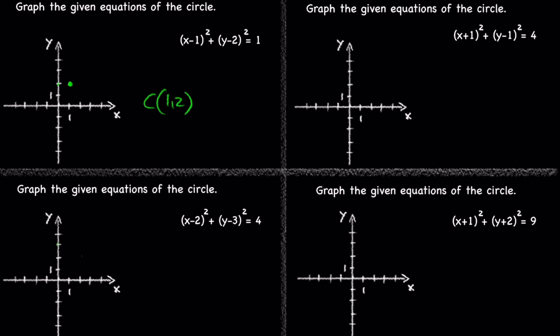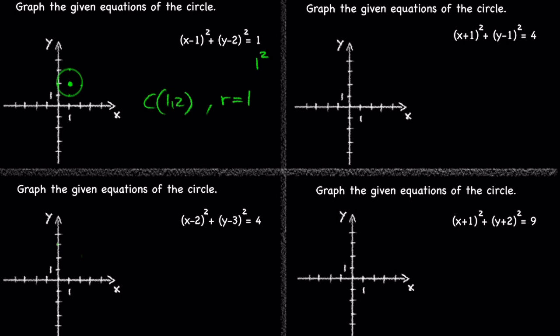When we think of the 1 as 1 squared, we see that 1 is the radius. So let's put some points around the center of the circle with a distance of 1 and draw the circle. So this circle is the graph of the equation (x minus 1) squared plus (y minus 2) squared equals 1.